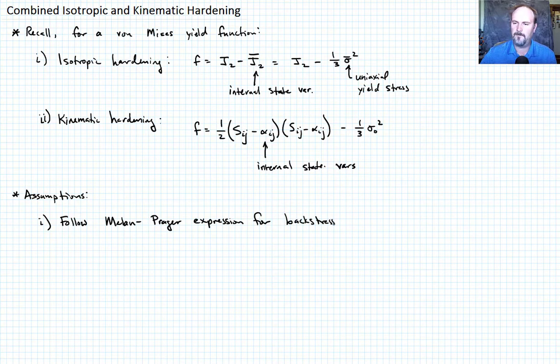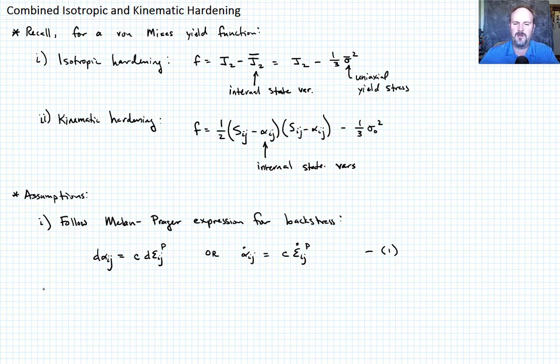And when we do that, that says that the increment of the back stress, d alpha ij, is just directly proportional to the increment of the plastic strain. So it's, let's say, C times d epsilon ij plastic. Or you could write it in rate form if you want and say that alpha ij dot is equal to C times epsilon ij plastic dot, the plastic strain rate, right? Let's call that equation 1.